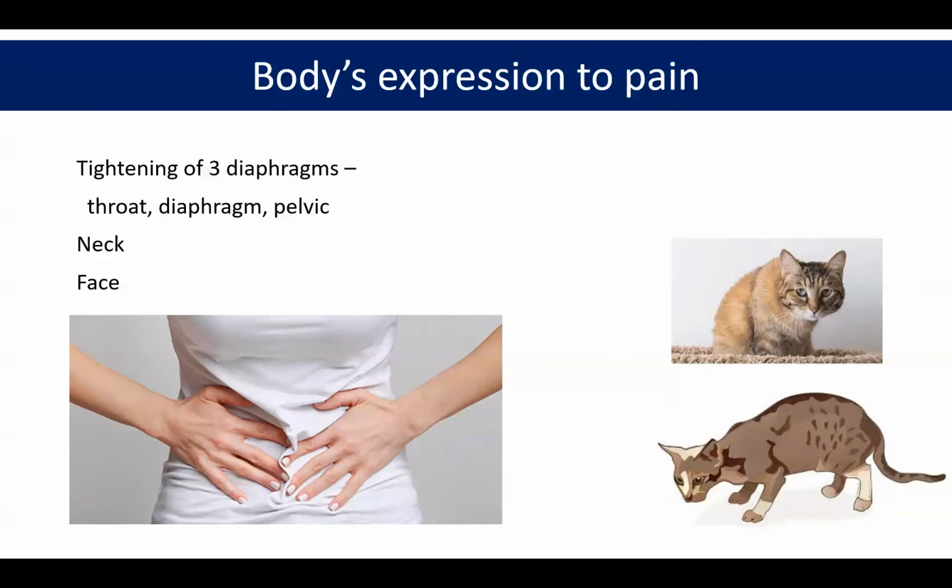It's a little bit like when you go out in the cold and the rain and you start lifting your shoulders up, and you wonder, does this really make me any drier? Does it make me any warmer? It doesn't, but it's an instinct. I don't know where that instinct came from. It may have to do with a time when we used to have fur. But it's an instinct that when it's cold or raining, we lift our shoulders up to our neck. So we're seeing the expression of pain in the three diaphragms and in the face.